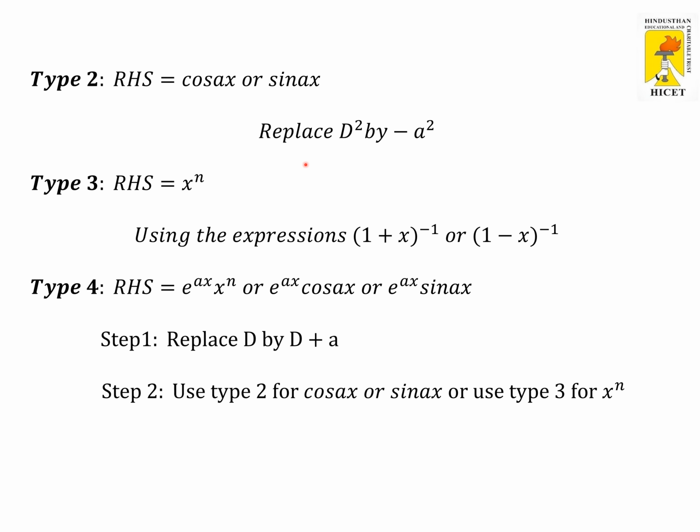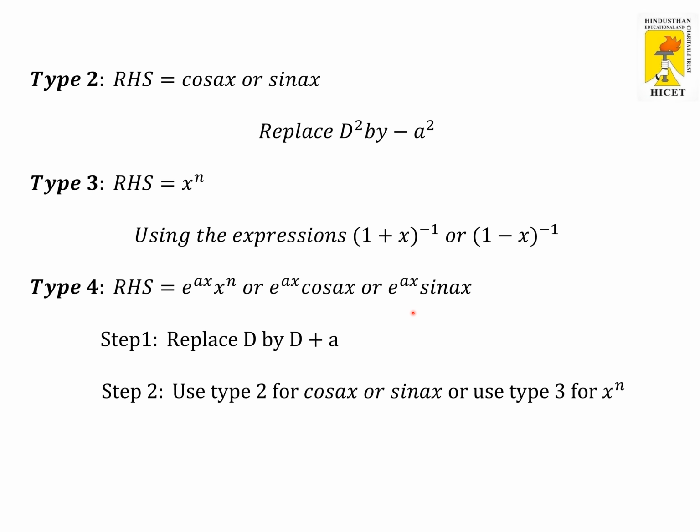In type 3, if f of x is in the form of x^n, then using the expansion of either (1 plus x)^(-1) or (1 minus x)^(-1), we can find the value of the particular integral. In type 4, if our f of x is e^(ax) x^n, or e^(ax) cos ax, or e^(ax) sin ax, then in this type we have two steps.